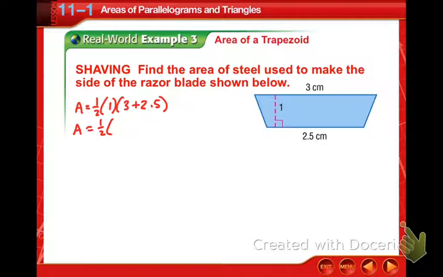And 3 plus 2.5 is 5.5. And we multiply that by 1/2, or divide by 2, either way, and it is 2.75 centimeters squared.